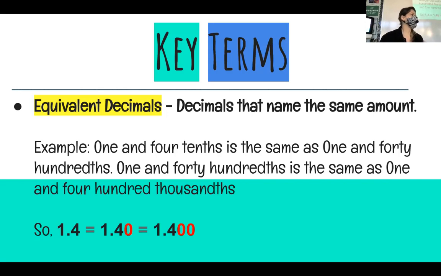No matter how many zeros I annex at the end of my decimal, the value of that number is still going to be 1 4/10. Does everybody agree with me? Yes. Right? Because if I was to simplify 1 40 hundredths or 1 400 thousandths, I would still always get 1 4/10.